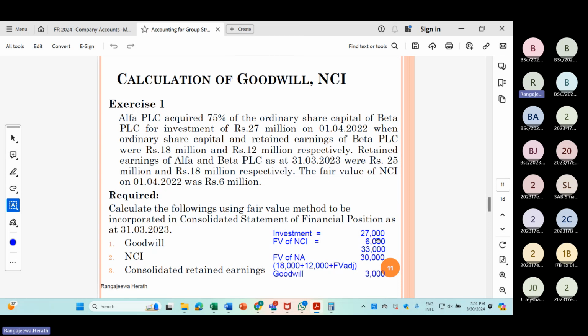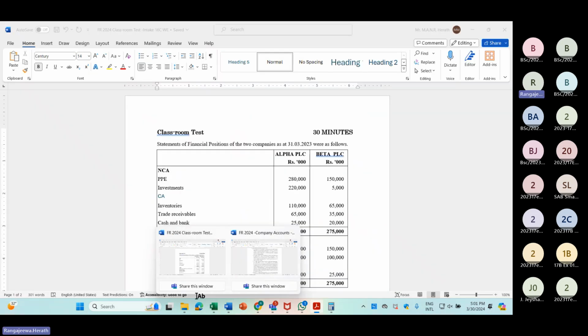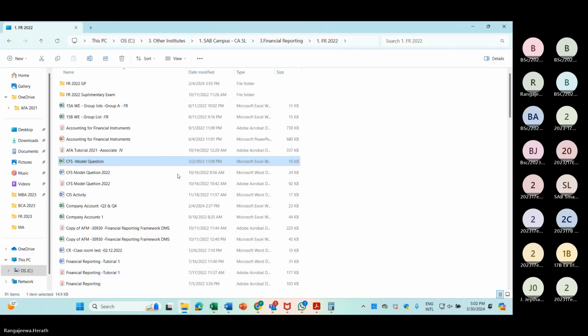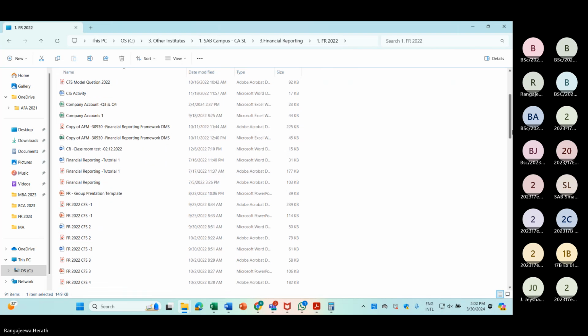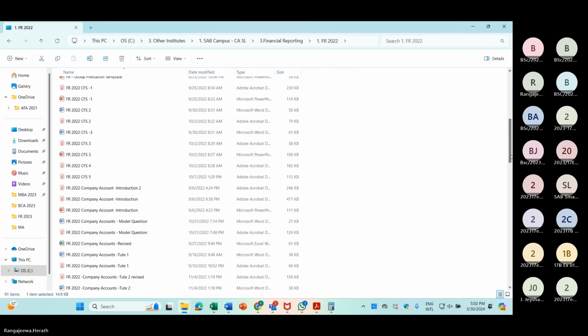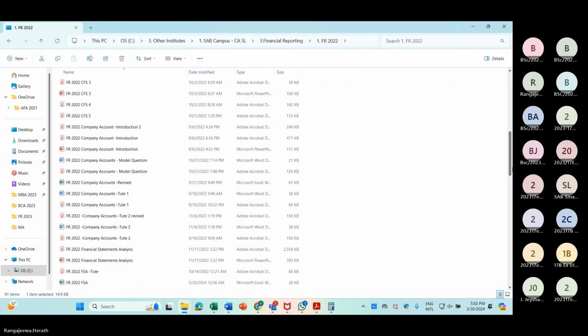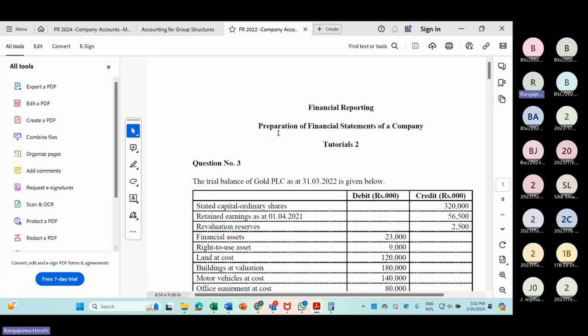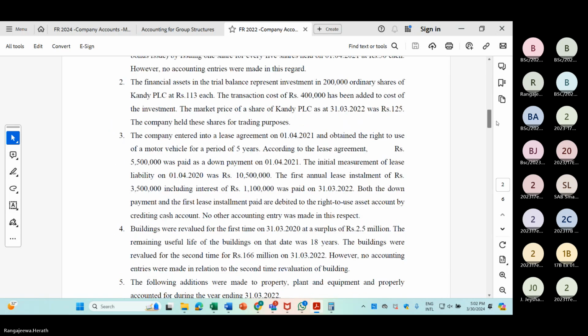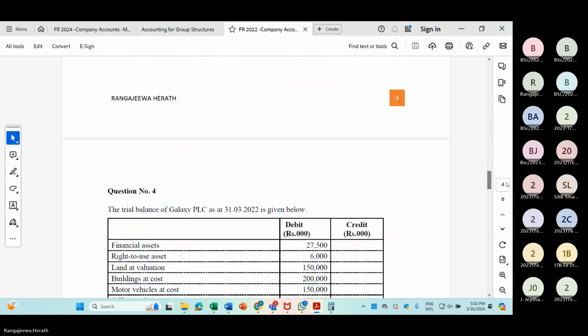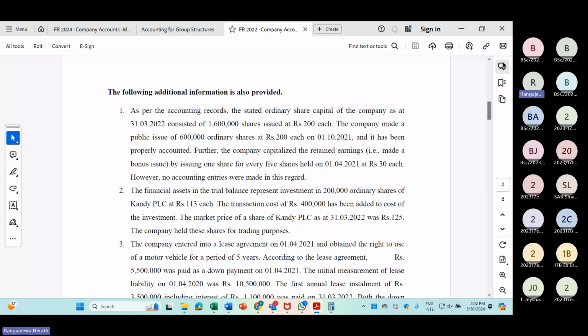Right. Then you will be tested consolidated income statement. The complete question that we had in this company accounts, sorry, this is company account.